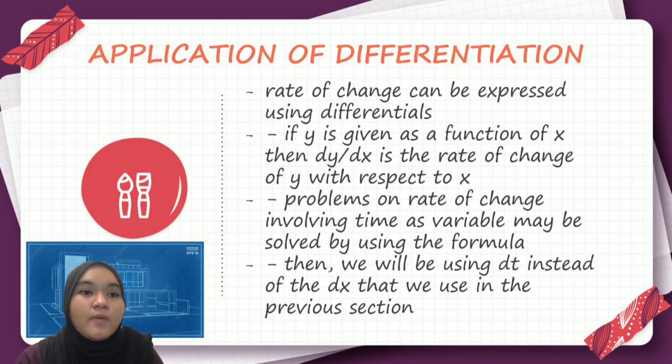The next is that problems on rate of change involving time as a variable may be solved by using the chain rule formula. Last but not least, we will be using dy per dx instead of the dx per dy that we used in the previous sections. I think that's all for my session. Thank you.